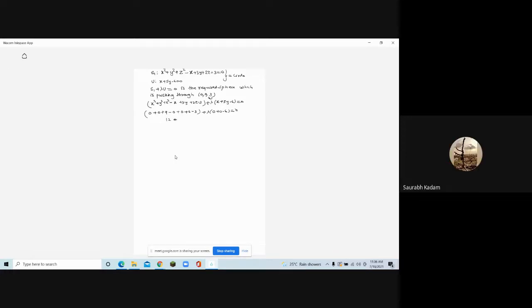Just see, this is minus 6 lambda, so 6 lambda is equal to 12, that means lambda is equal to 2, and therefore the required sphere is, just put lambda is equal to 2 in 1, we get x square plus y square plus z square, 2x and minus x is plus x, 10y and 3y is plus 13y, and plus 2z, and this is 2 into minus 12, and minus 12 and minus 3 is minus 15, is equal to 0. This is your required equation of sphere.